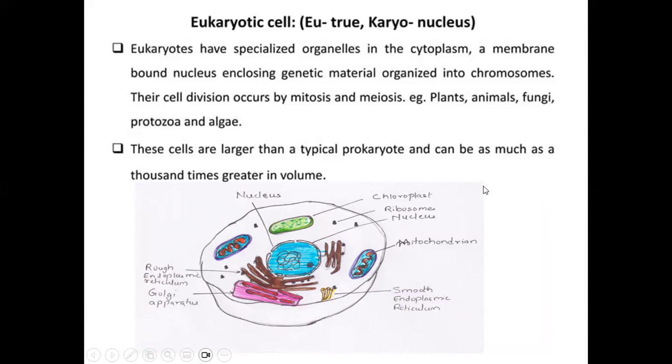And the cell division in case of eukaryotes occurs by mitosis or meiosis. Examples of eukaryotic cell includes plants, animals, fungi, protozoa, and algae.